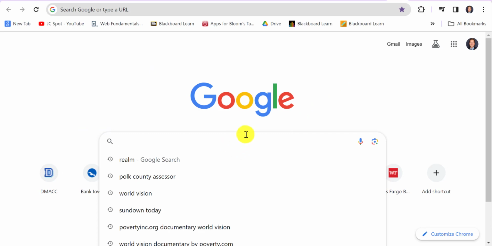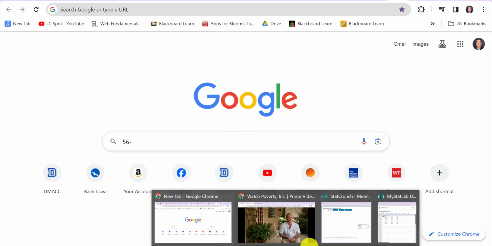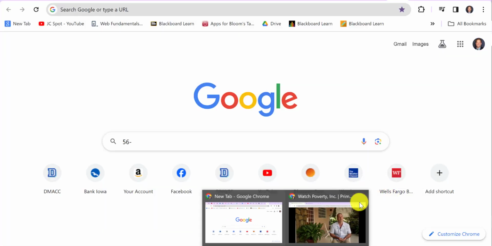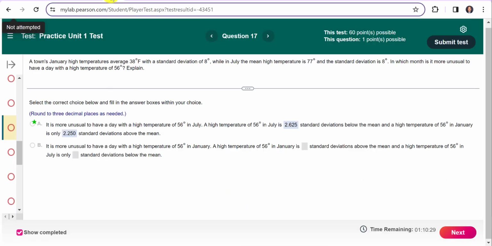Remember, we could take 56. So 56 minus the mean. Let's see if I can find that again. There we go.